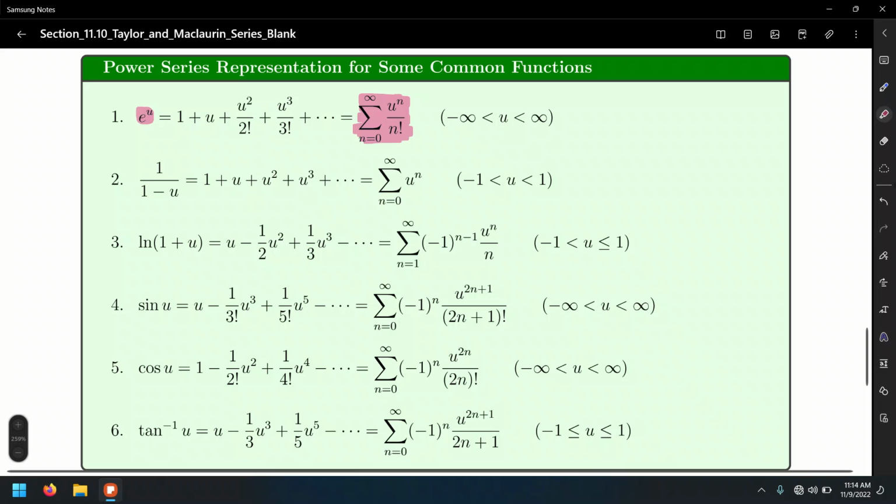I typed this in terms of u, thinking of potential composite functions because we will be asked to find the power series representation of e to the 3x, for example. In this case, we can do a u substitution, do the work in terms of u, and then back substitute.